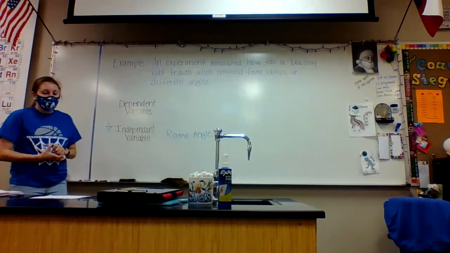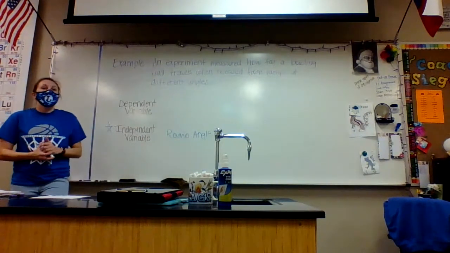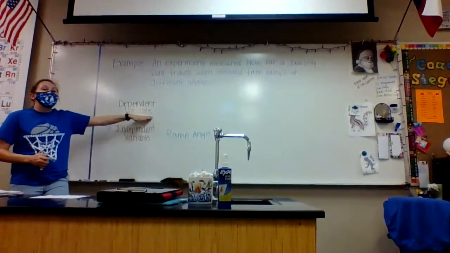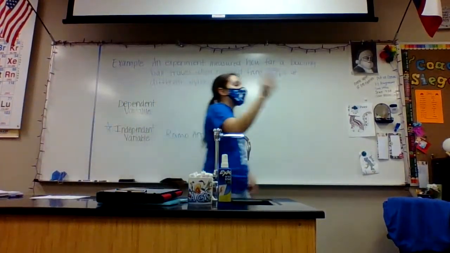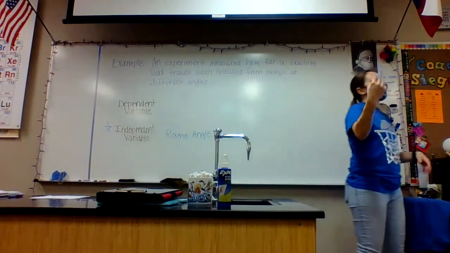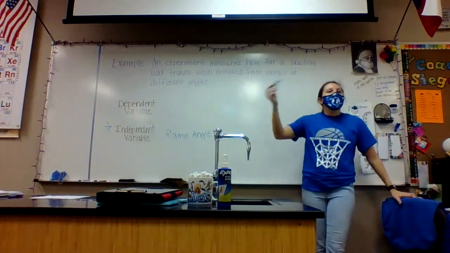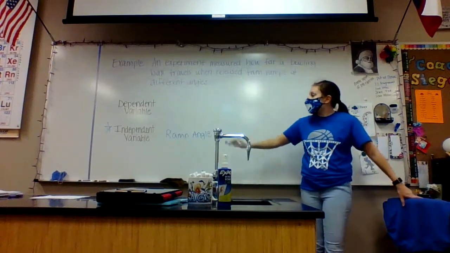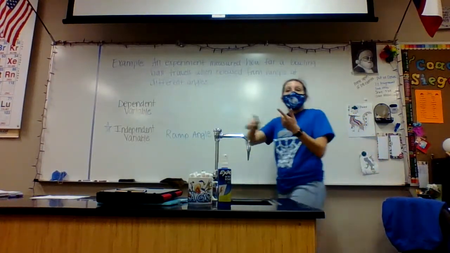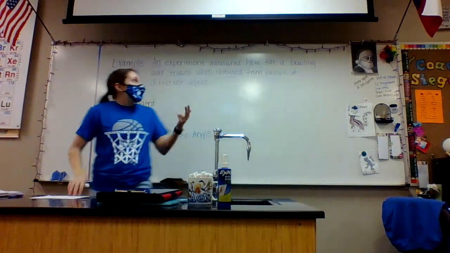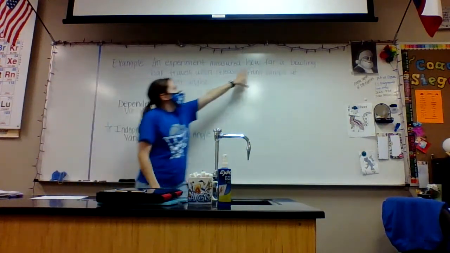Now I ask myself about the dependent variable. Remember, this is our DRY portion, and the R stands for responding or result. So what would the result be of dropping a bowling ball at different angles? How far it goes, or how far it travels. This experiment measured distance, how far.